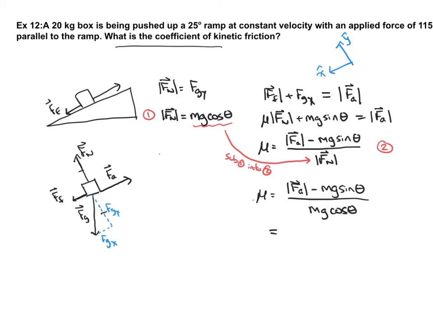So I'll just fill in the values now. So 115, take away 20 times 9.8 times sine of the angle, which is 25 degrees, divided by mg cosine 25 degrees.